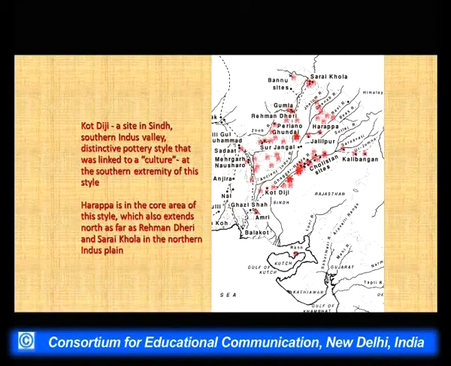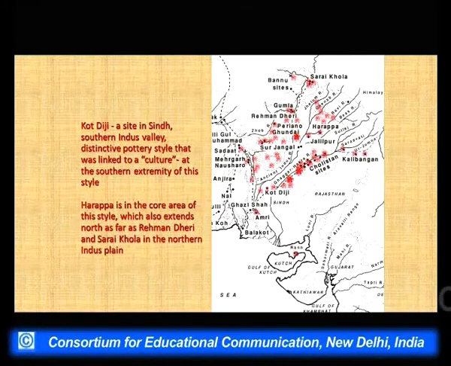Now to the north of this you have Harappa, okay, because that's also on the Ravi, and the Harappa phase, which is a later phase, extends from Rahman Dheri to Sarai Khola.